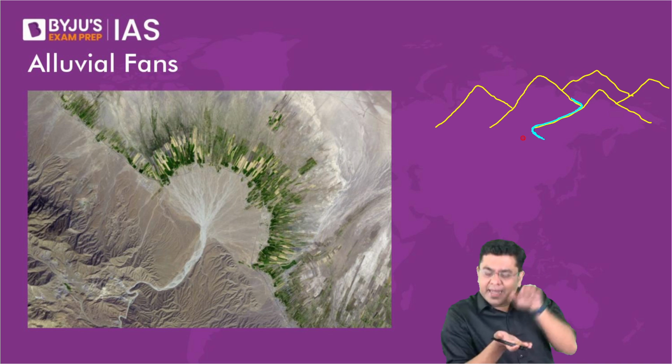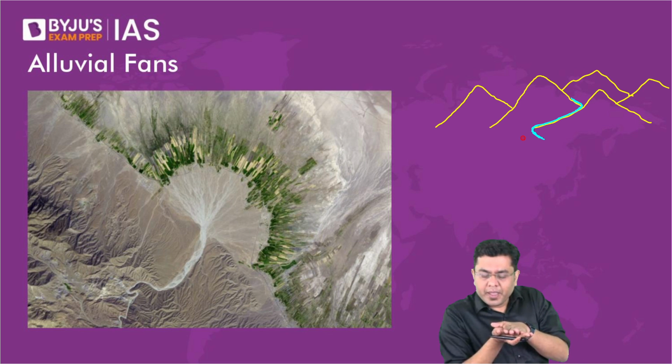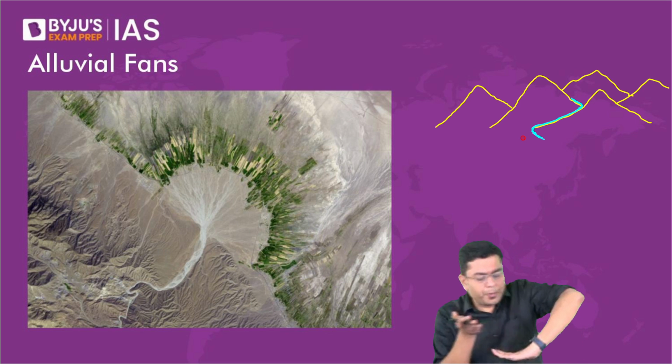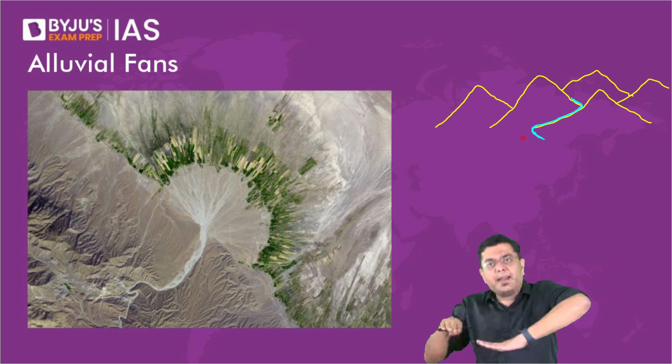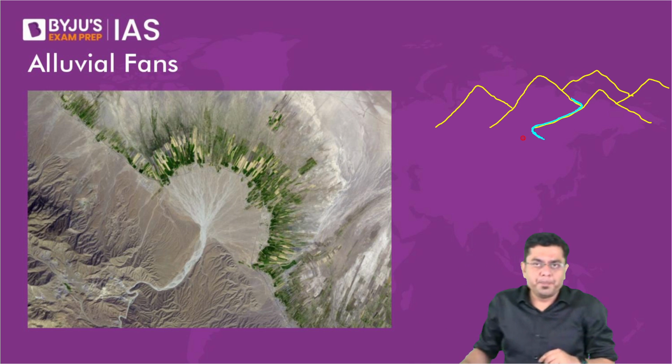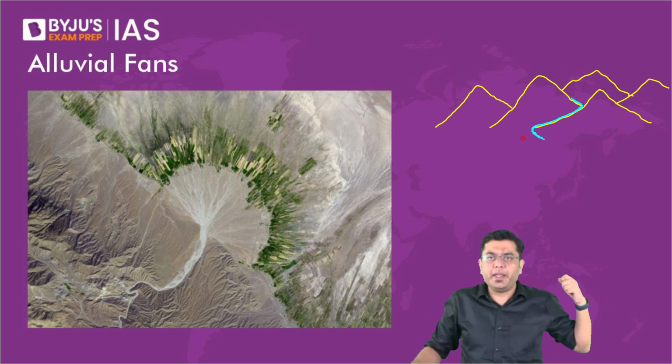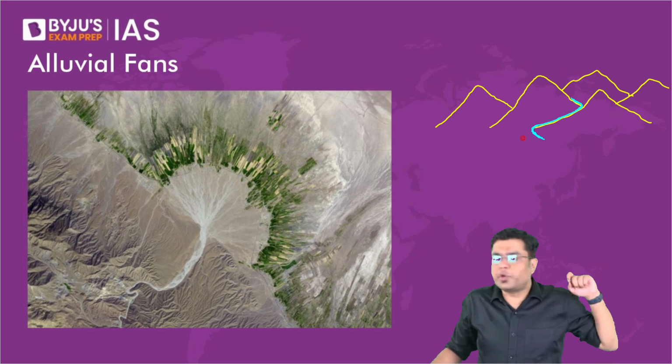But as soon as it encounters the plain region, suppose this is the slope where the river is coming like this, and then suddenly it encounters the plain region. What will happen to the speed, first of all? As soon as it encounters the plain area, the speed will reduce tremendously.